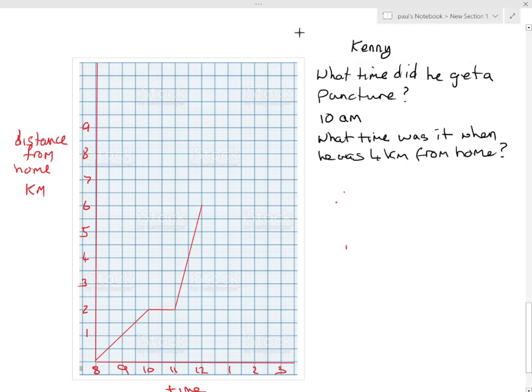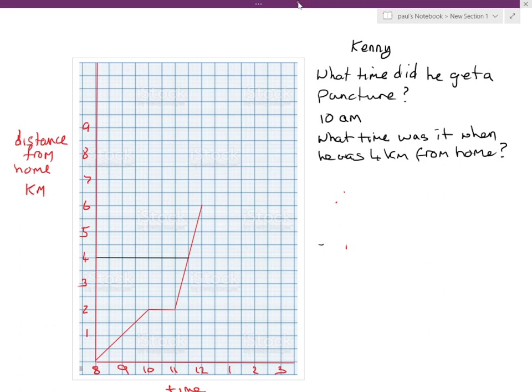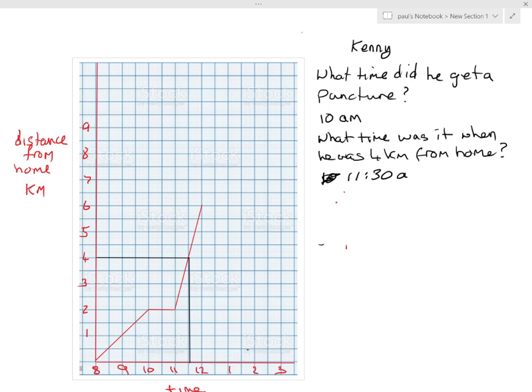We're going to go from 4 kilometers from home over to there, and we'll come down, just like we're reading all the other kinds of graphs. And it's 11:30, isn't it? Down the bottom there. And so the answer to that is not 10, it's 11:30 a.m.